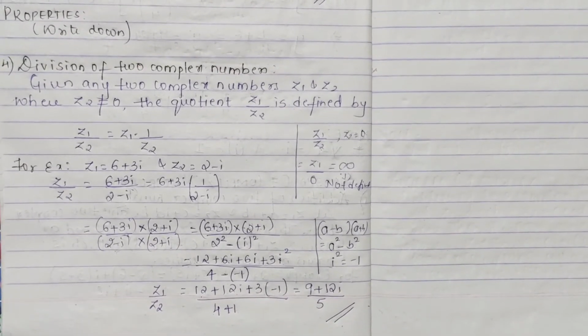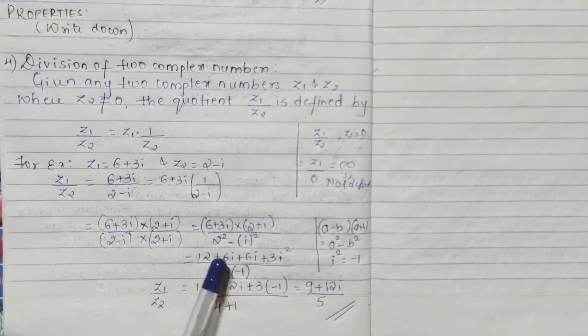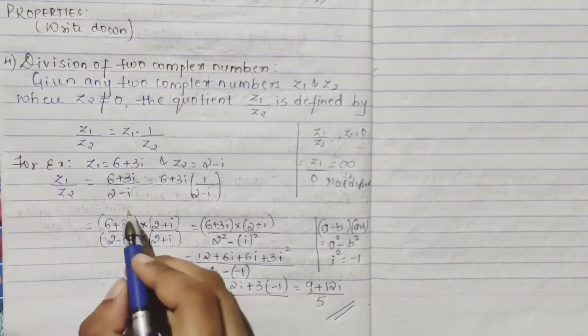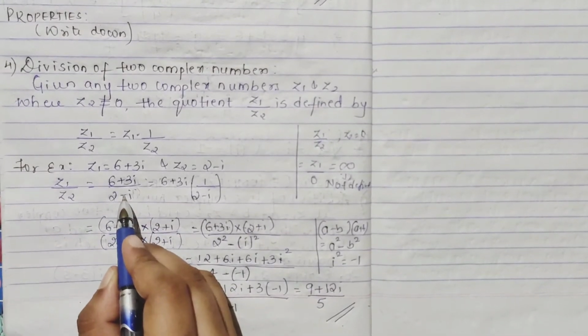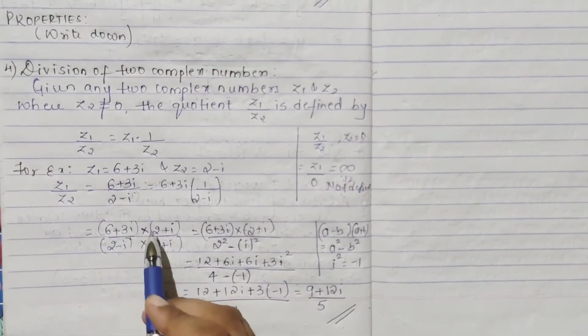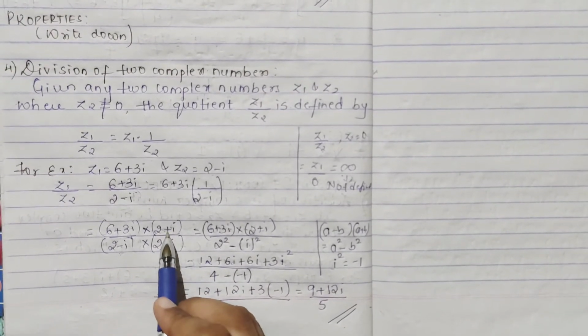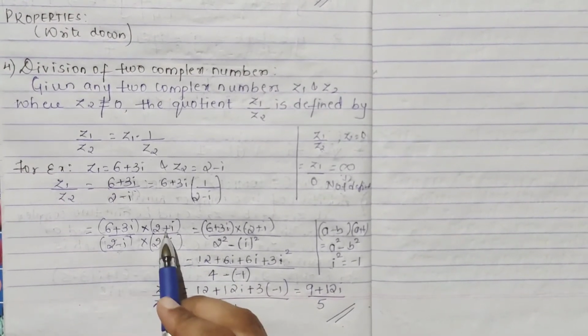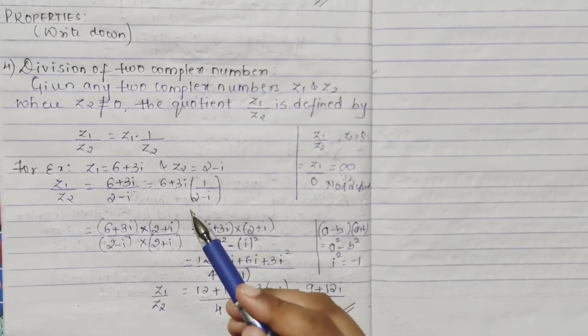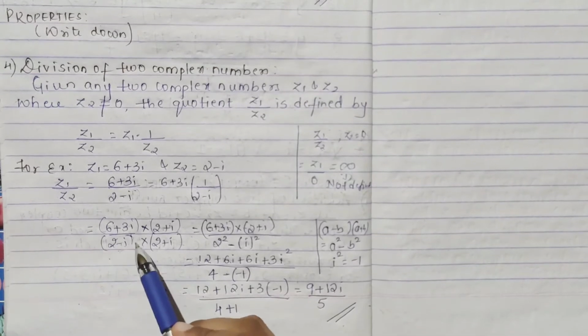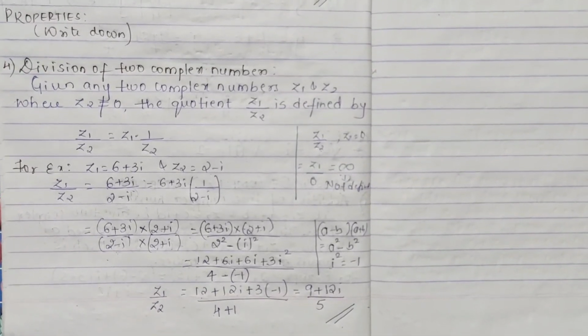Okay, in division you have to do like this. Here in division always you will make use of your conjugate. Conjugate, what will it be? Same number, only the sign will be opposite. If it is minus, you should multiply both numerator and denominator with plus. If here it is plus, you should multiply with minus, both your numerator and your denominator with the same number, but only the sign will be opposite.